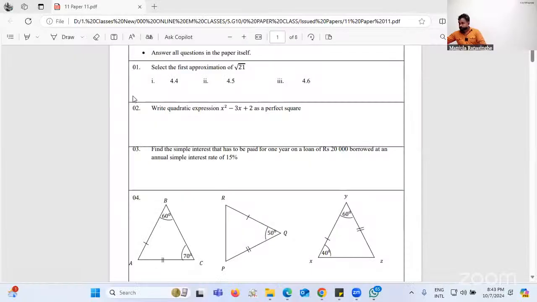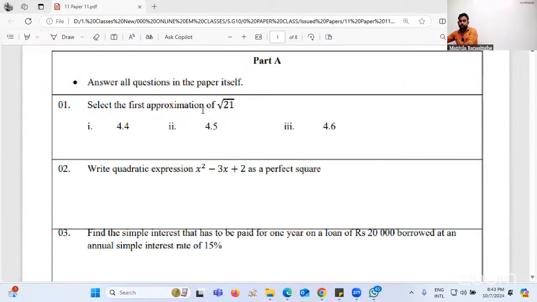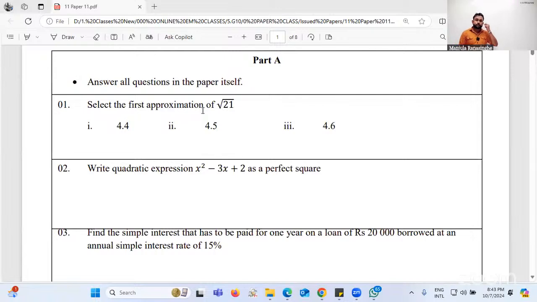This is the paper we are going to discuss today. For the first question, we have done it in most of the papers. Still, if you cannot do that first question, that means you haven't gained the concepts properly, and that is a trouble.